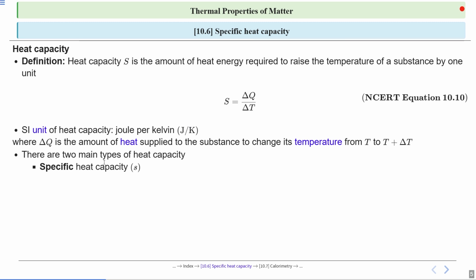First, specific heat capacity denoted by small s. Second, molar heat capacity denoted by C.